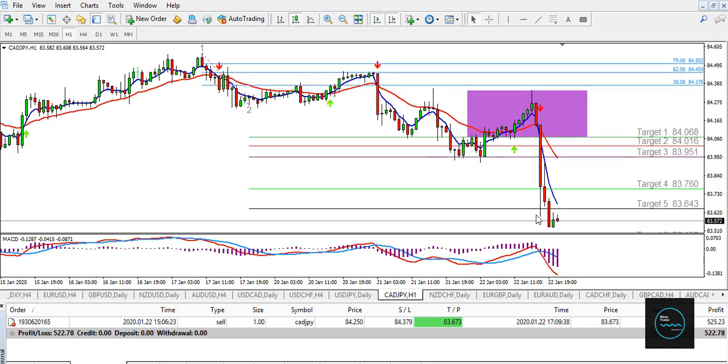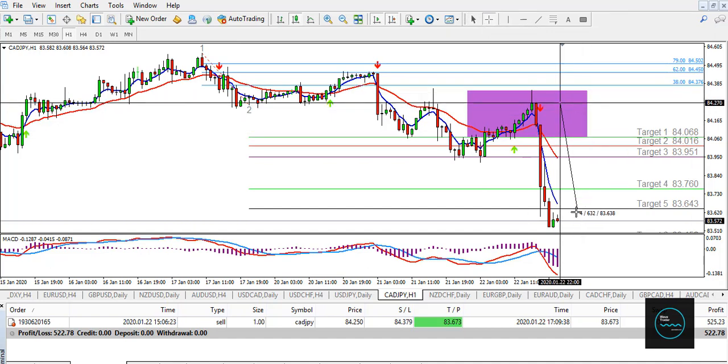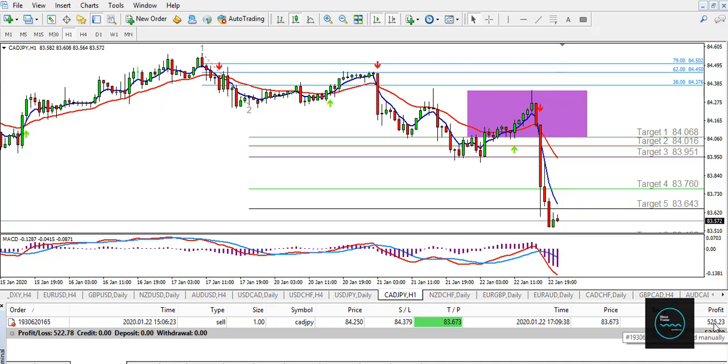This is the 5th target right here. Going in there to the 5th target, I netted, you can see here, $525. So I think it was roughly 53 or 54 pips that I got from this trade, and I'm very happy with that. It's not just about the amount of money that I made, but rather the fact that the wave trader system works like a charm.